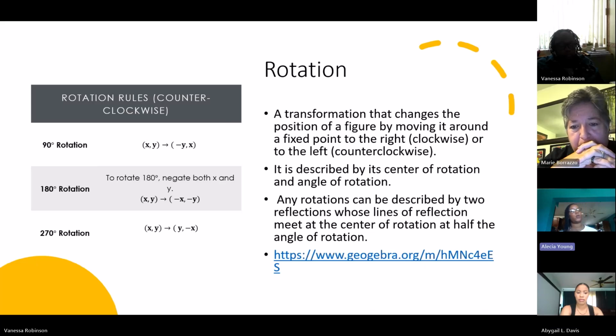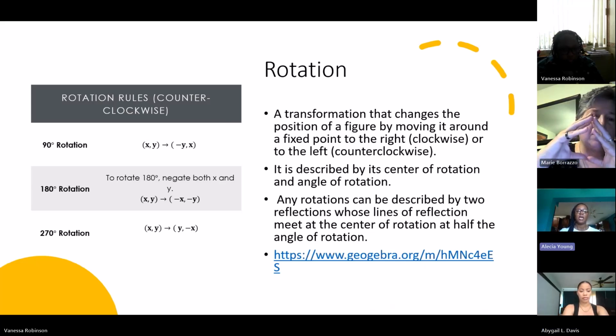So the coordinate notation rules for a rotation, these are the counterclockwise rules. If you're going to rotate a figure 90 degrees counterclockwise around the origin, the pre-image (x, y) will become (negative y, x). If you're going to rotate a figure 180 degrees around the origin, the pre-image (x, y) becomes (negative x, negative y).